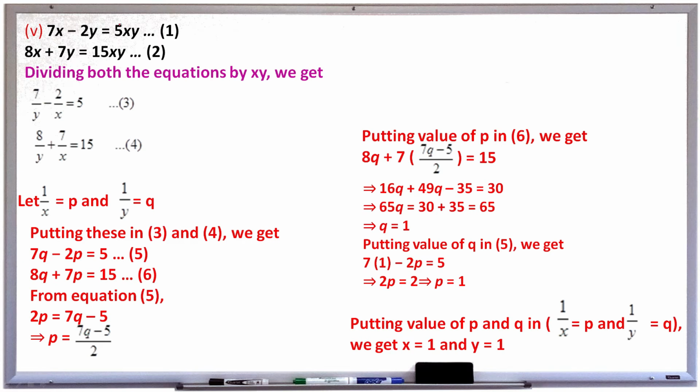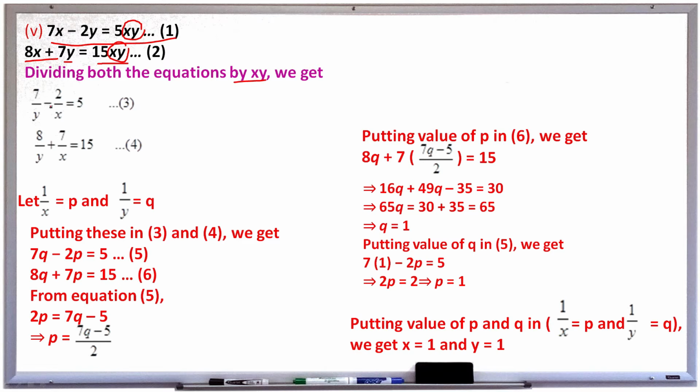Question number 5, the equations given are 2x minus 2y is equal to 5xy and 8x plus 8y is equal to 15xy. Now, in these equations you can see xy, two variable terms. We are going to divide both sides so that the equation will reduce.